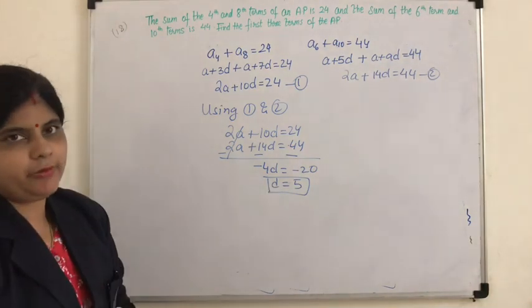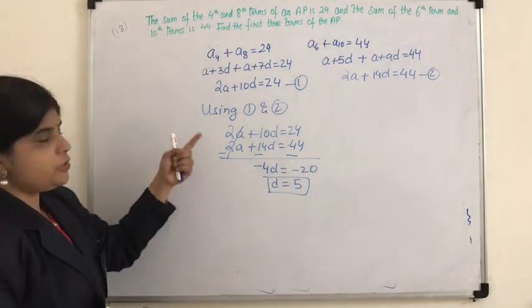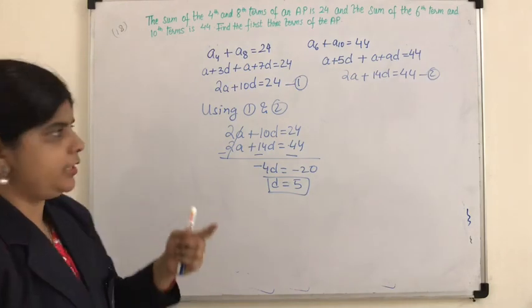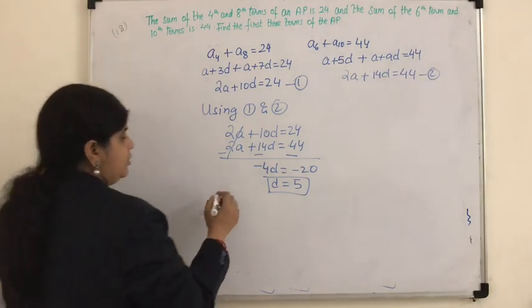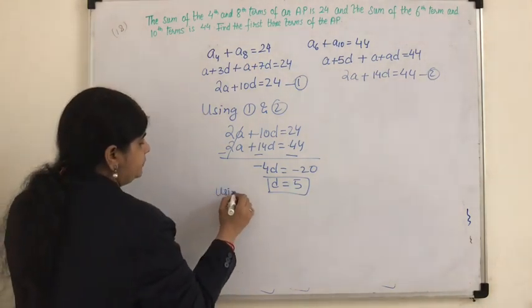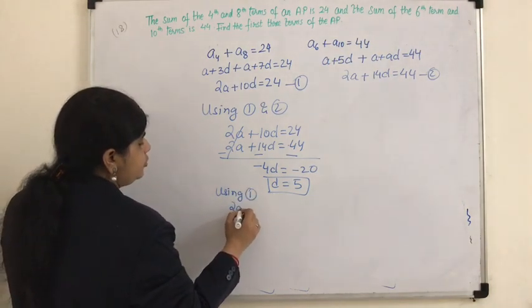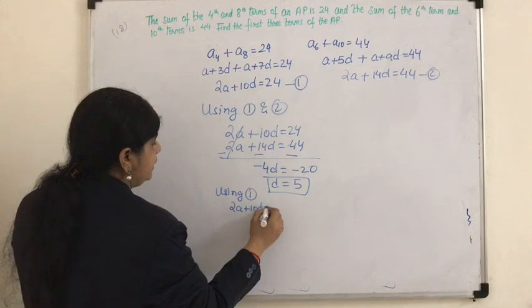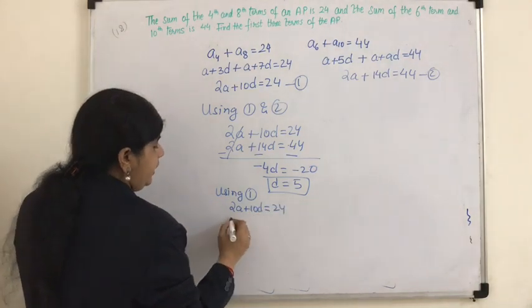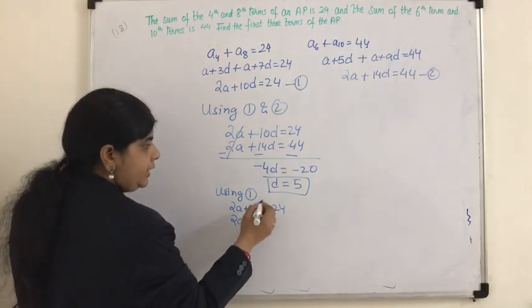So once you know the value of D, any of the equations you can use to get the value of A. So let me use equation number 1. Using 1, what is the equation? 2A plus 10D is 24. I need the value of A. D is 5.